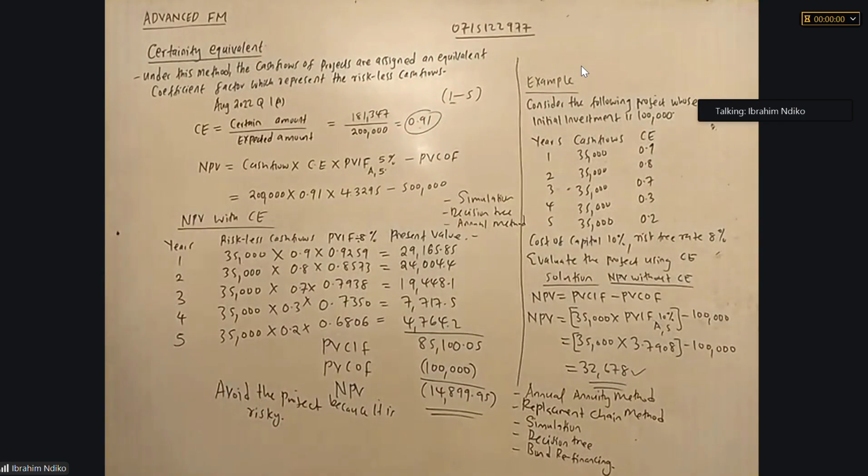Let me count these: 1, 2, 3, 4, 5. Remaining with the 5 items. What time is it now? 7:07. Maybe we do the simulation. Are you tired? No. We can do simulation.